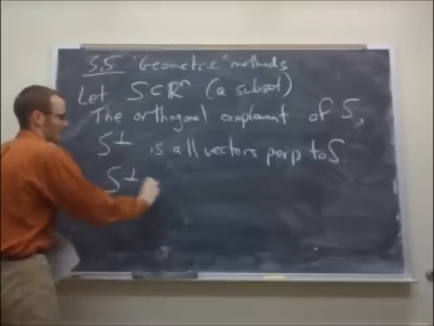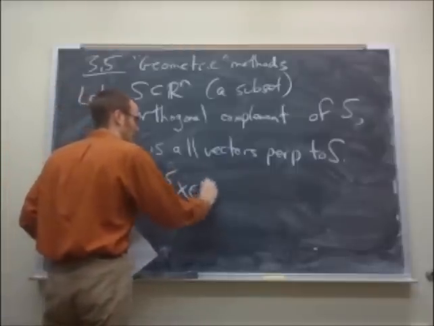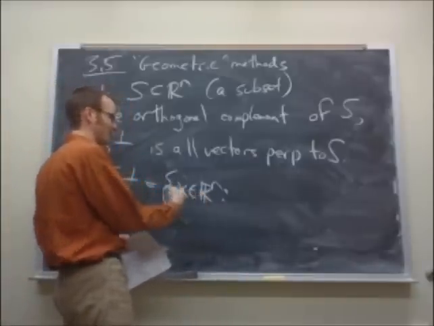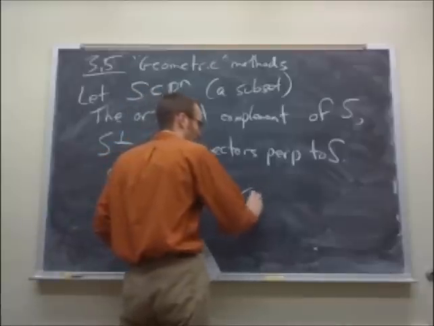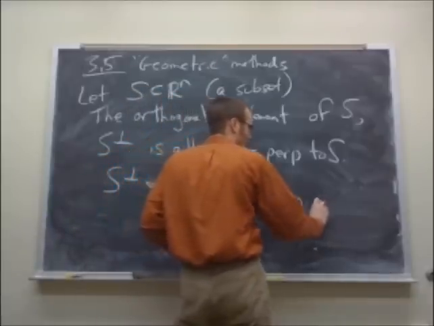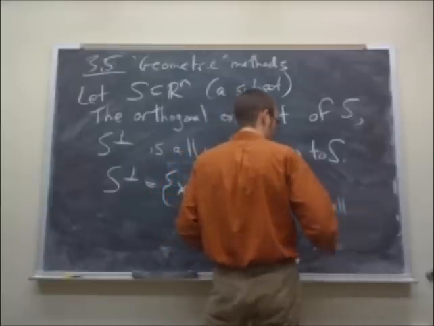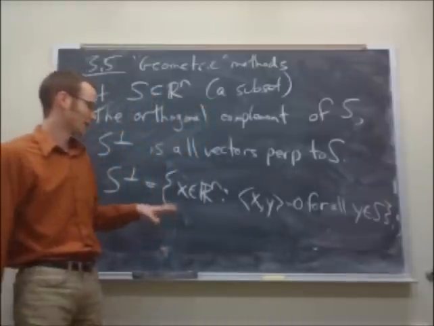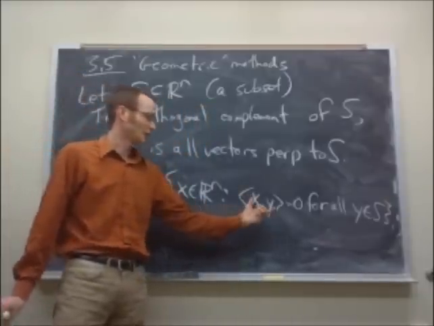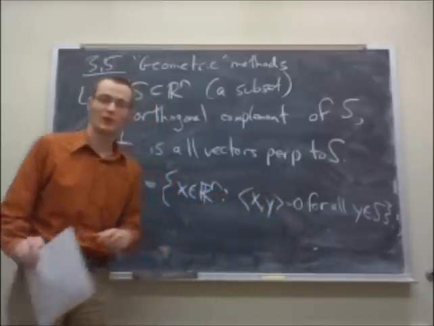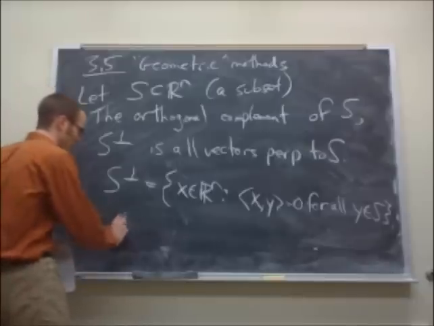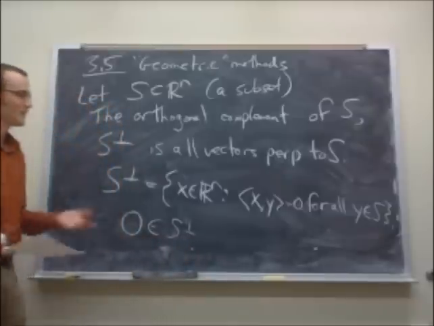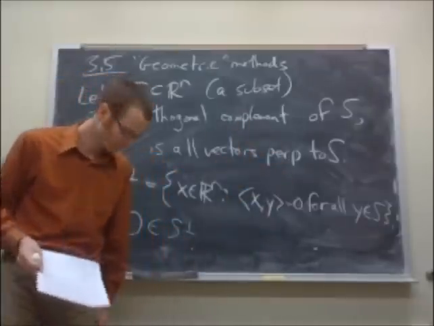If we want to write this out in set notation, we say x in R^n is in our set if <x, y> equals 0 for all y in S. So again, S perp is all vectors that are perpendicular, the inner product is 0 for all y in S. So clearly the 0 vector is an element of S perp because the inner product of 0 is always 0. That's easy enough.